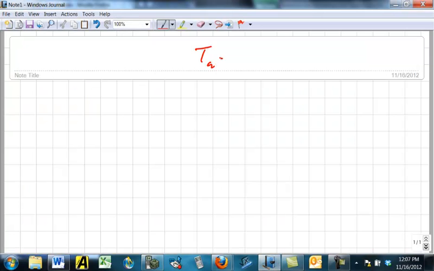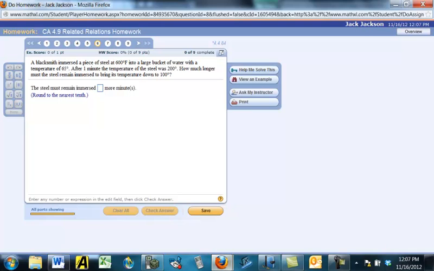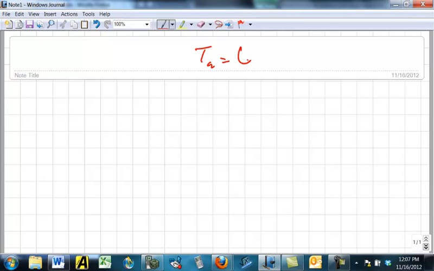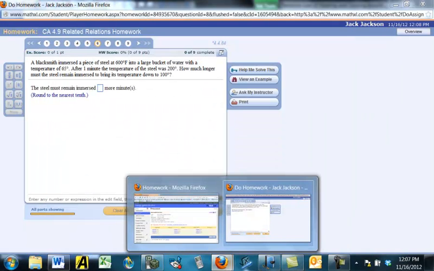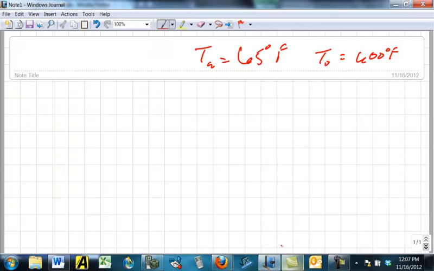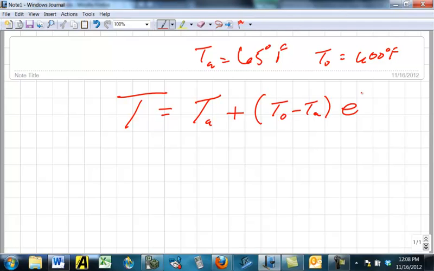So the ambient temperature is, what was it? 65 degrees, basically room temperature, a little bit cooler than room temperature, perhaps. So 65 degrees Fahrenheit. The initial temperature was 600 degrees Fahrenheit. Okay, so what's our equation? Well, our equation, remember, is the temperature is the ambient temperature plus the difference, T sub 0 minus T sub A, times e to the kt.